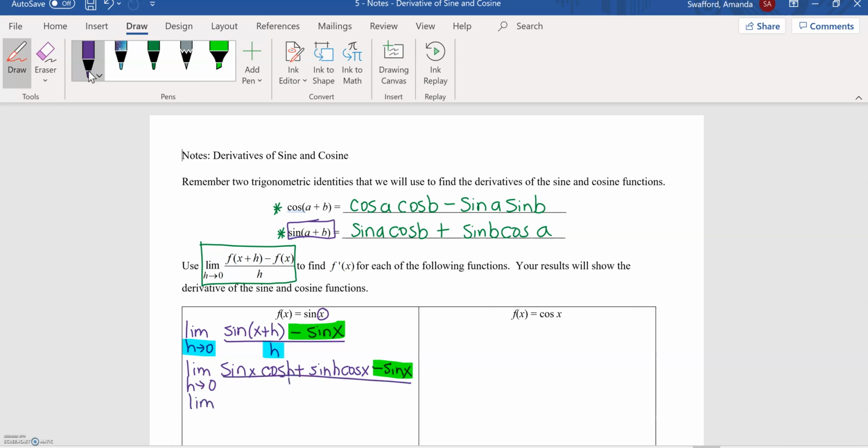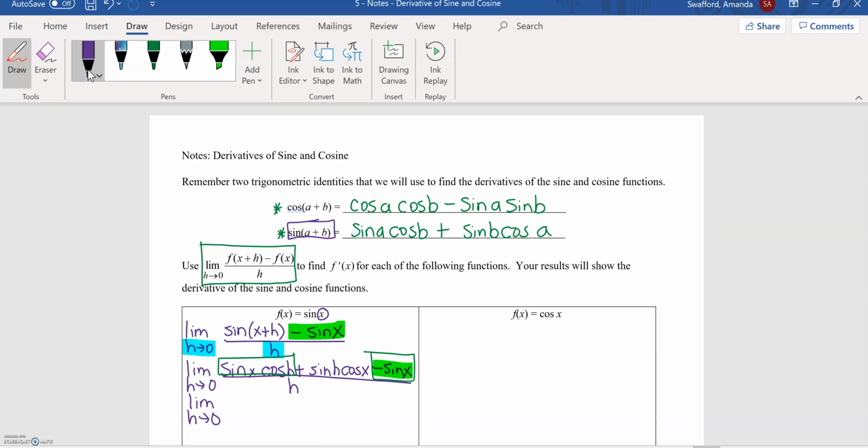Okay, oops, it's all over h. Still have 0 in the denominator, so we've got to keep doing some rewriting. We have to be careful with the x's and the h, and that we don't combine things that shouldn't be combined. What I do notice, however, is that this term has a sine x in it, and so does this term. So I think I'm going to just pull out the GCF of just those two terms.